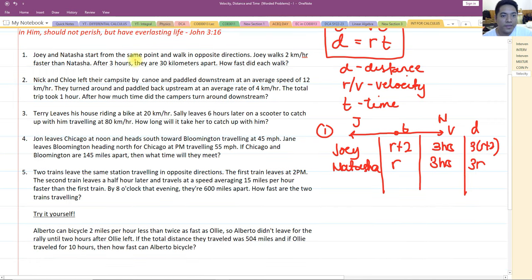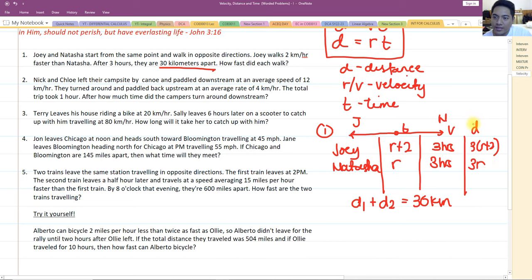If they are already 30 kilometers apart, it means the total distance traveled by Joey, D sub 1, and by Natasha should be equal to 30 kilometers since they are walking apart. That's the total distance of them.